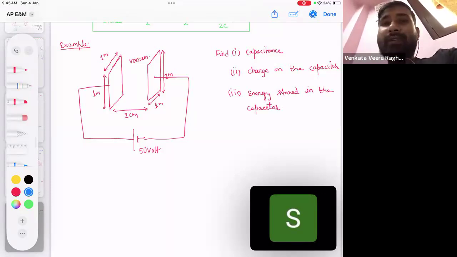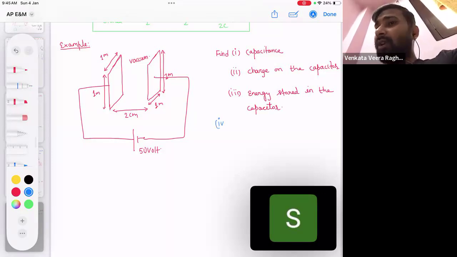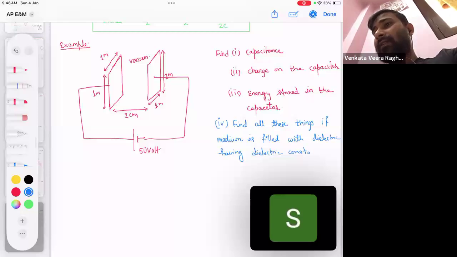Next, we have to find out the same three things. In the fourth part, find all of them again, if the medium is filled with a dielectric having dielectric constant 5, keeping the battery connected.